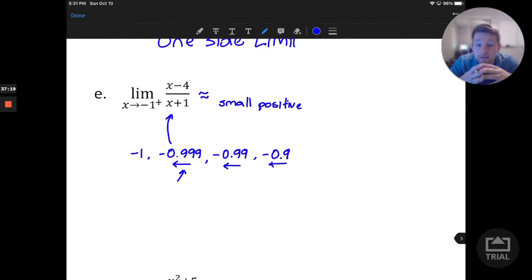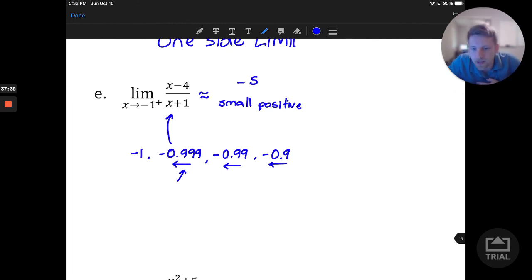If I consider the top of this function, the numerator, if I have something very, very close to -1, I'm going to have something very approximate to -5 in that numerator. I'm using this approximate symbol very liberally here.